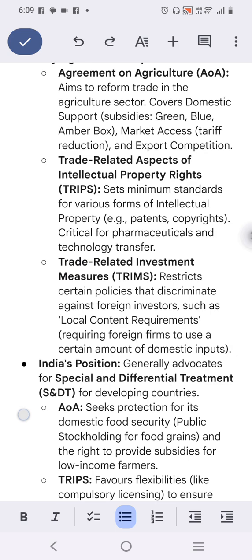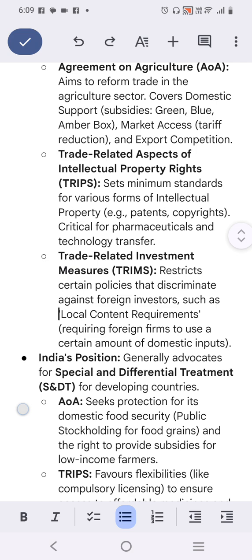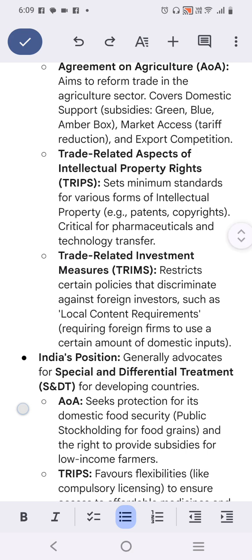Now, trade-related investment measures. There is a lot of information in these topics, but we do not have to go deeply into it because we have to answer right now. Our major target is prelims.